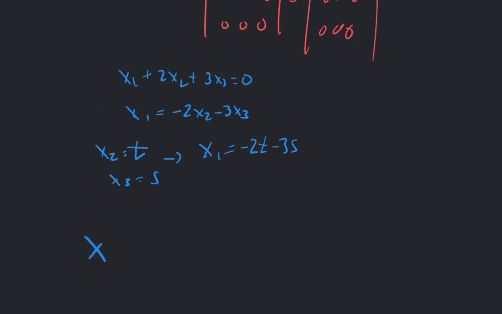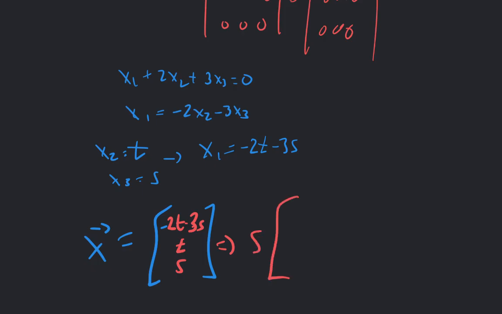So when we write our vector x for the null space, we get minus 2t minus 3s, t, s. I had that backwards. And then we want to split this up by variable: s times minus 3, 0, 1 plus t times minus 2, 1, 0.